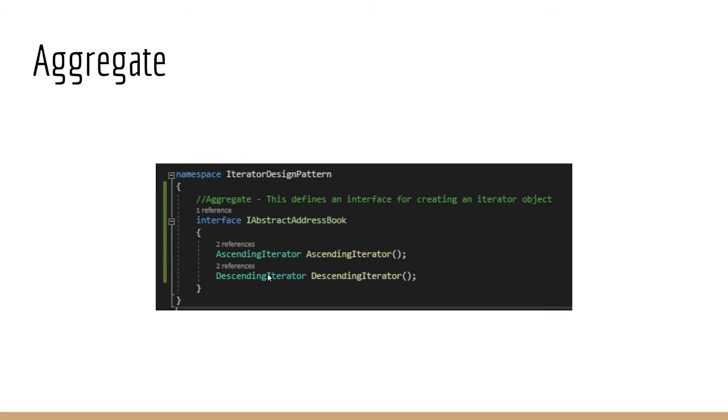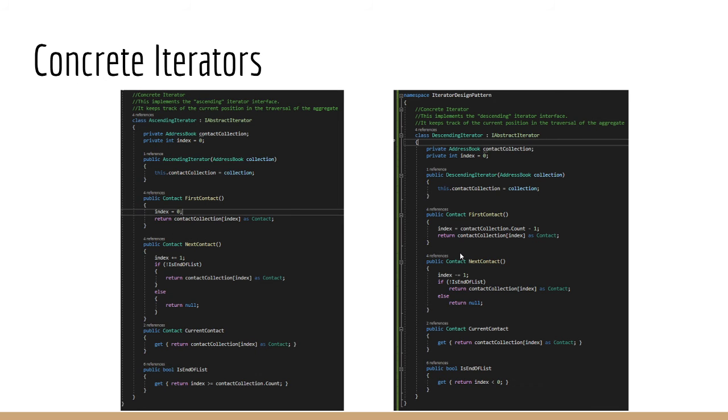As I had mentioned before, the IAbstractAddressBook is the aggregate. It defines an interface for creating an iterator object. It defines the ascending iterator and the descending iterator. You also have the concrete iterators.